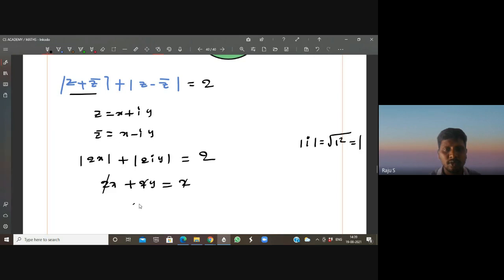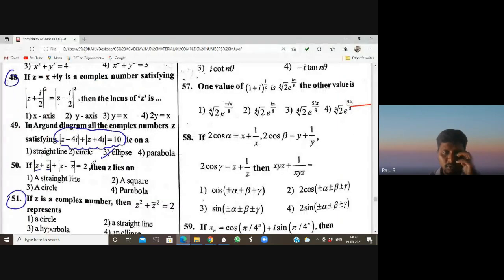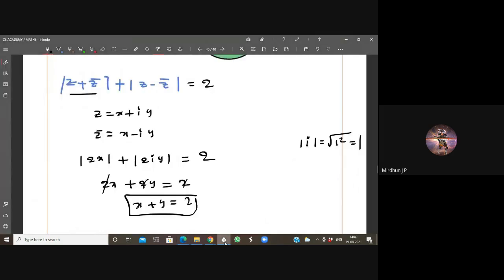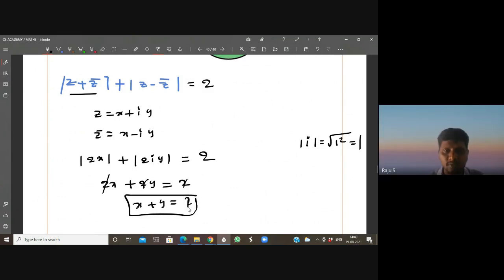The 2 gets cancelled. Sorry, x plus y is equal to 1. Then what about this: z lies on which equation?